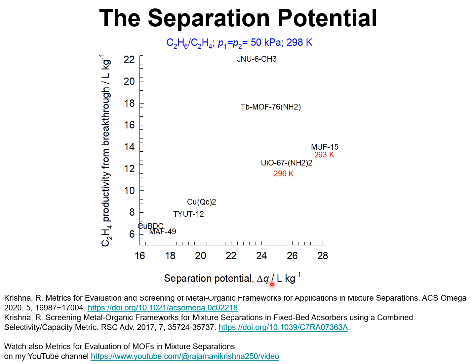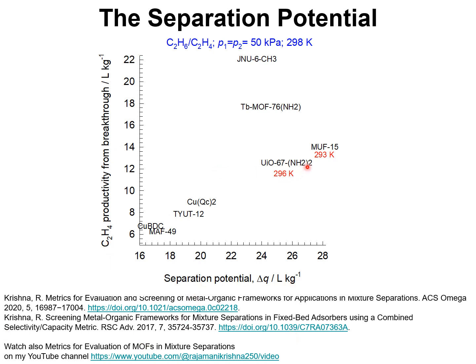Since the separation potential is derived on the basis of a simplified shockwave model, this delta Q value represents the upper bound or upper limit for the achievable productivity in an actual breakthrough experiment. Indeed, we see there is roughly a linear relation between the experimental productivity with the separation potential.